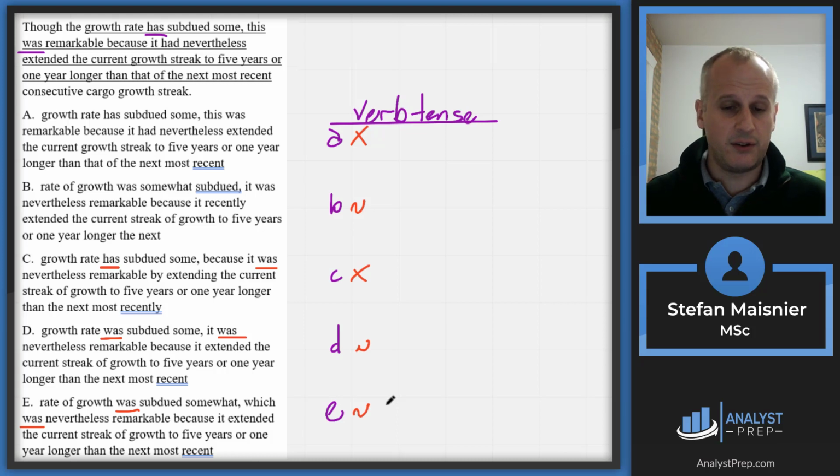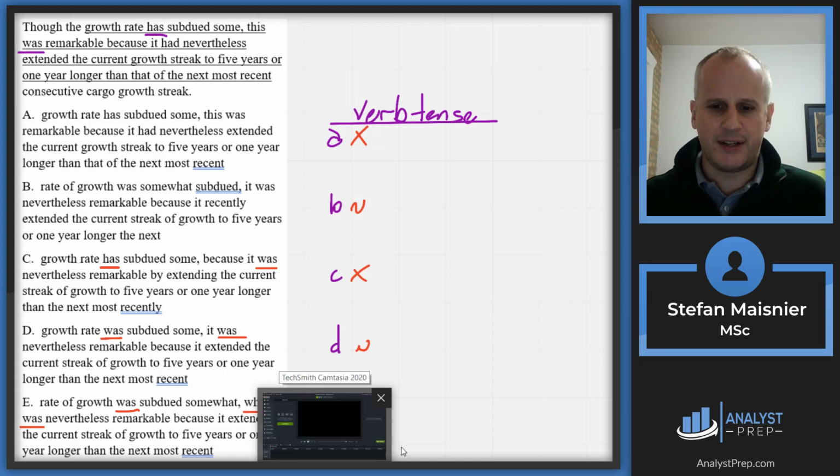So we want to look at the changes between B, D, and E, and C, if there are any other potential verb tenses or pronouns that we might be able to eliminate. So, looking at the differences between B and D pertaining to verb tense and pronouns, we've got this "which" that shows up in choice E.